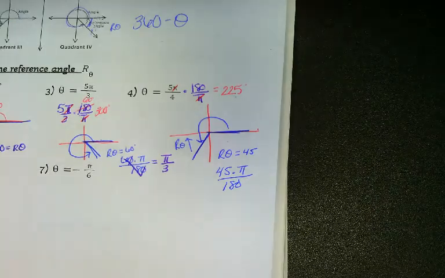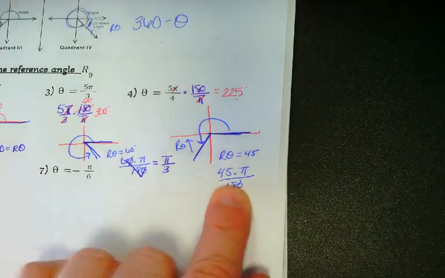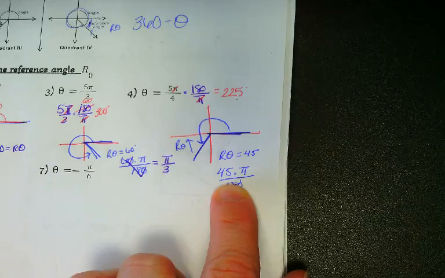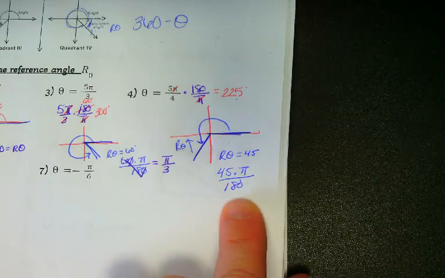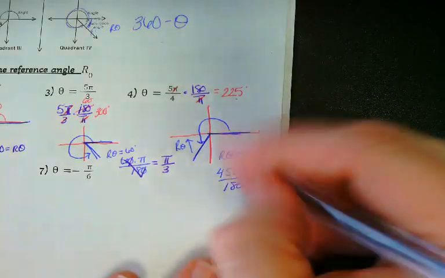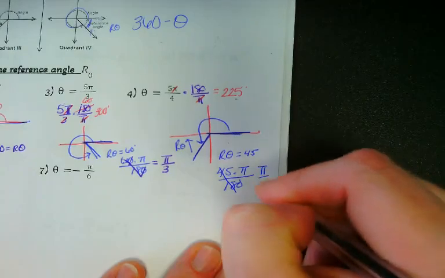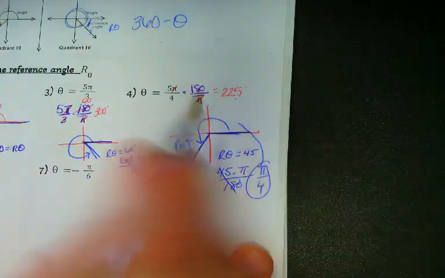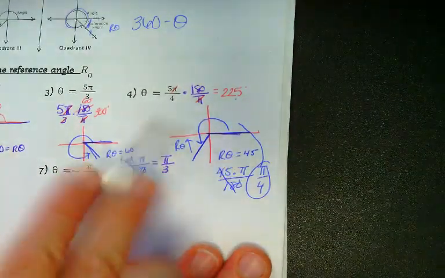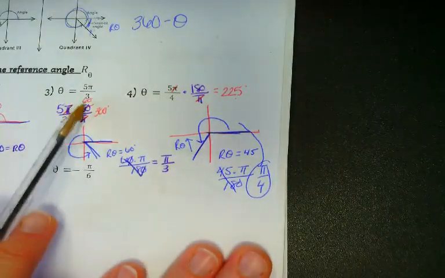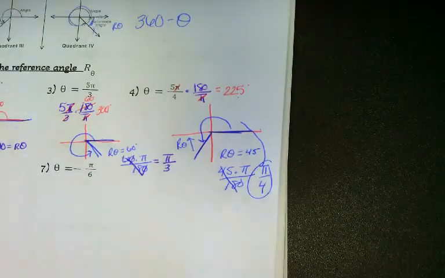We can do a little mental math here. How many 45s make up a 90? 2. And how many 90s make up a 180? 4. So that just becomes pi over 4, which is exactly what we predicted, right? See that correlation? That's going to be huge coming up. Recognizing the reference angle from this given angle.